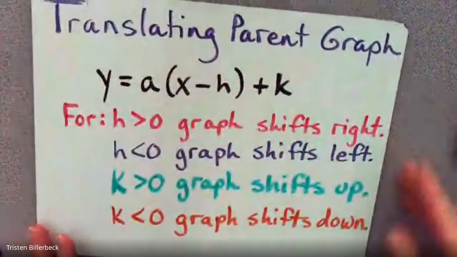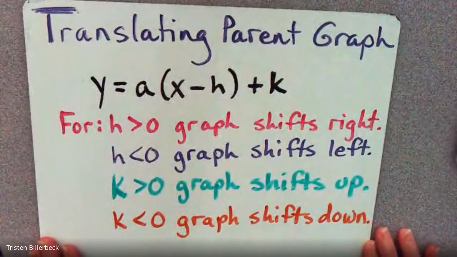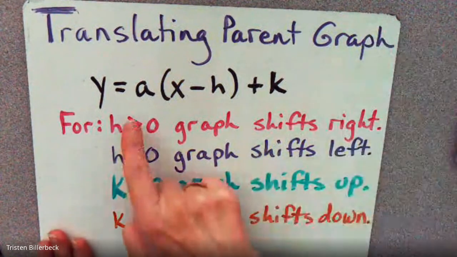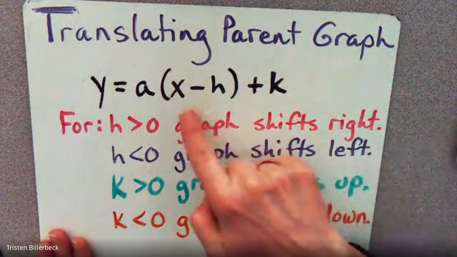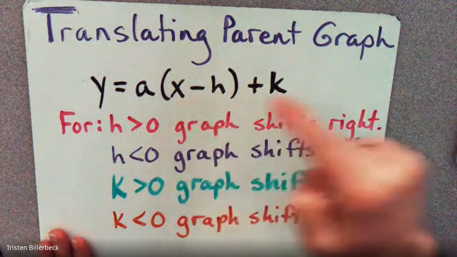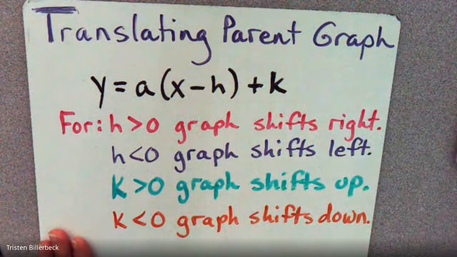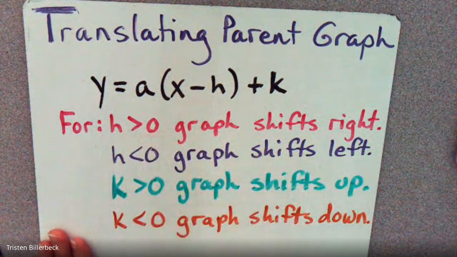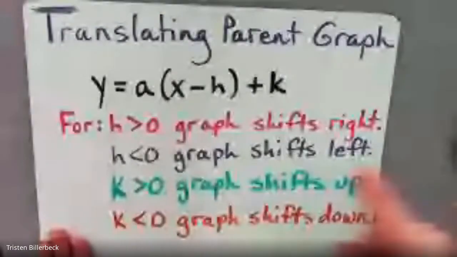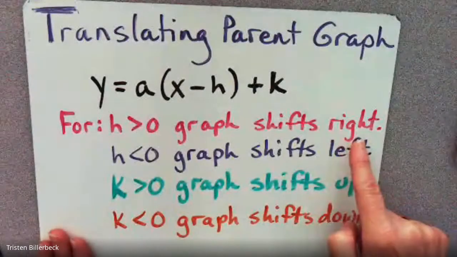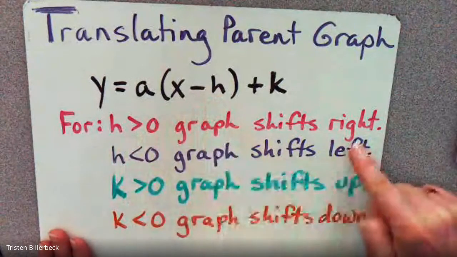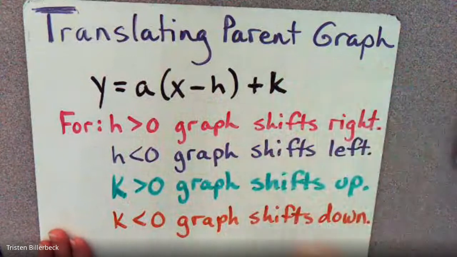So let's look at what exactly the translating does. If we translate the parent graph, we have y equals a times the quantity x minus h plus k. When h is greater than 0, a positive h, the graph shifts right.